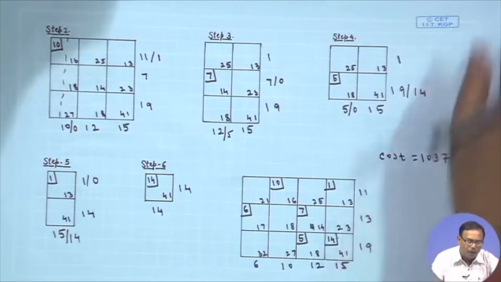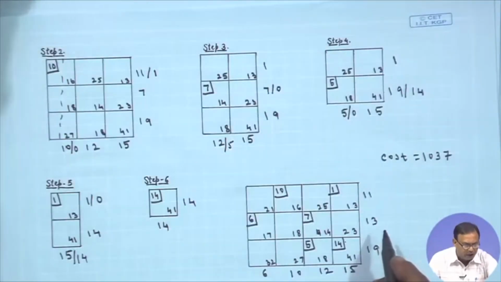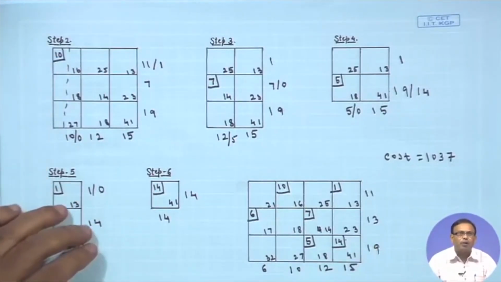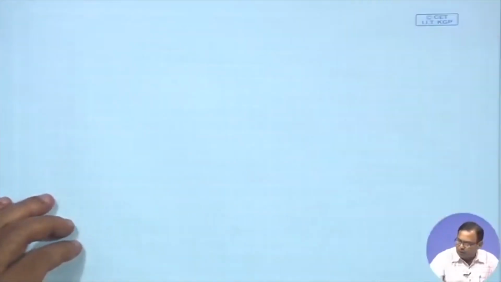For the same problem, in the earlier case it was 922. So, as we are telling, you will obtain a feasible solution, but that may not be the optimum. We will come to that one.